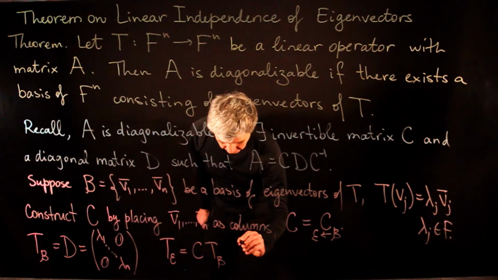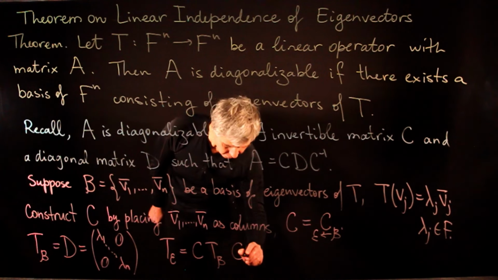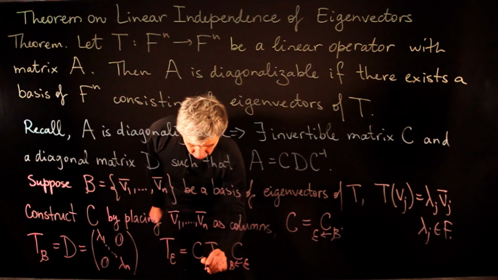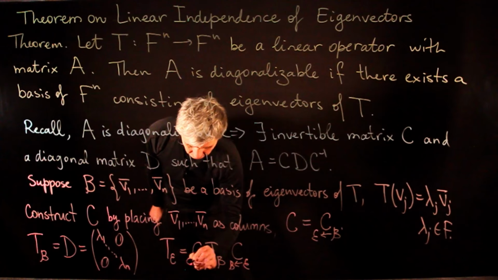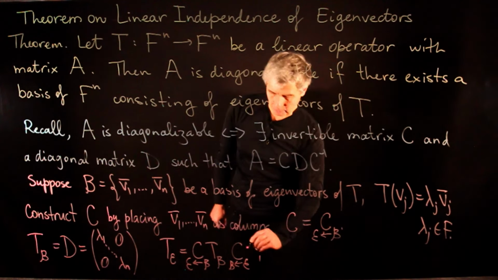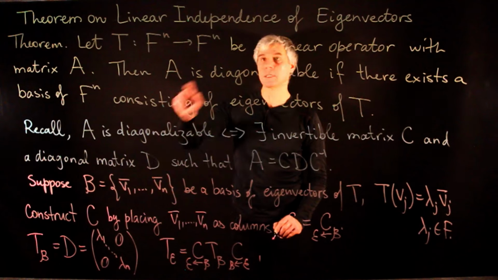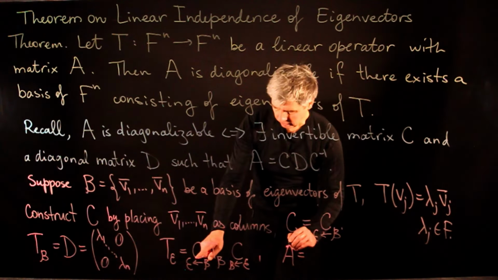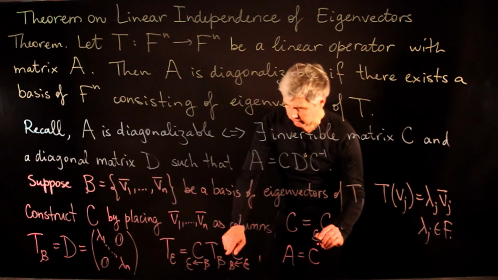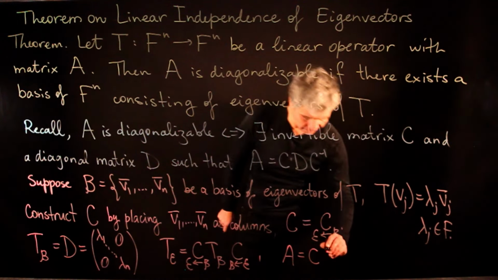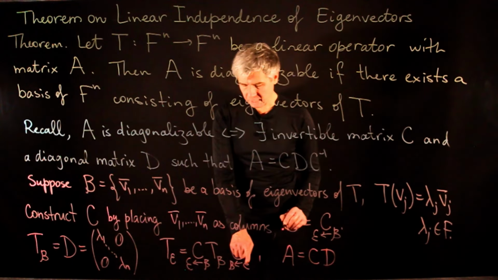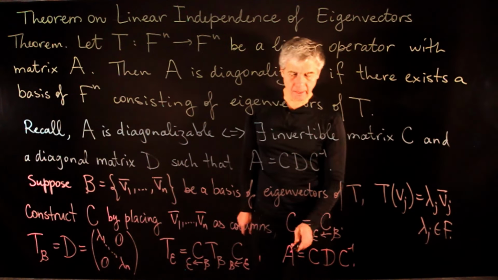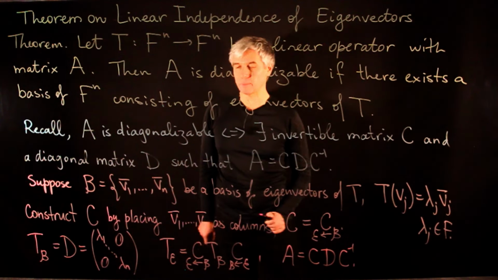So we have the matrix of T in basis B, then the change of basis matrix from standard basis to B, and the change of basis matrix from B to E. And so the matrix on the left is the matrix A. Then the left factor is C, the matrix of T in basis B is diagonal, and the change of basis from standard to basis B is the inverse of C. And we obtain that matrix A is diagonalizable.